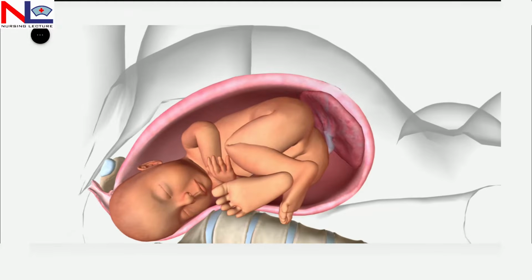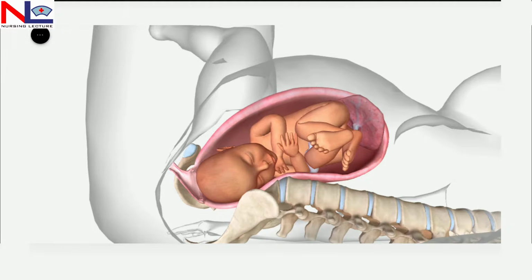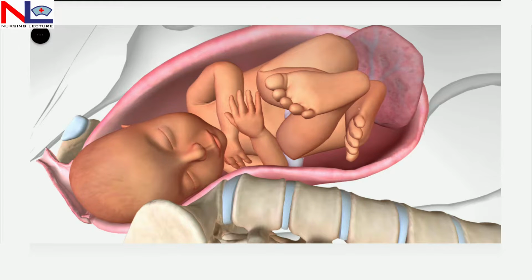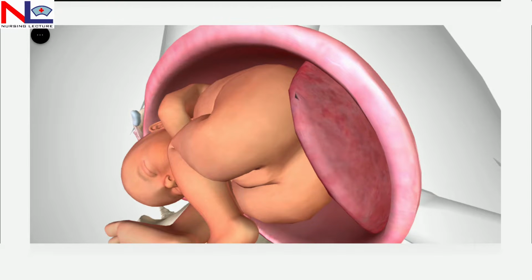So this is how this placenta occupies 30% of the space in the uterine wall. So we have seen the majority of the part of this placenta is formed from the fetus and few part is formed from the mother.